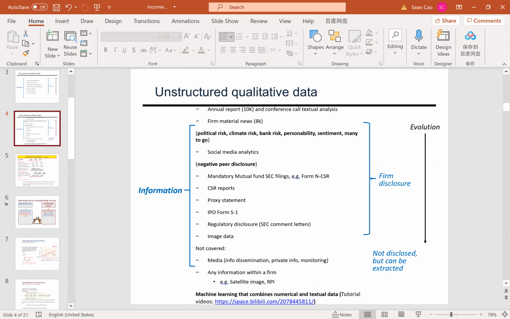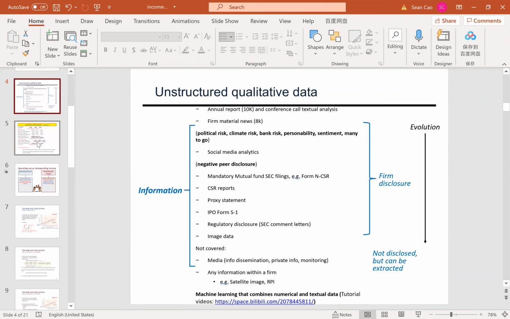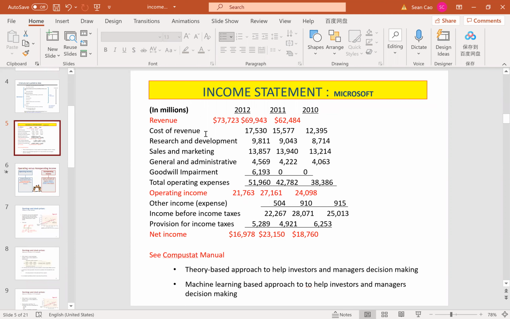So let me go over the income statement. This is a very simple example of an income statement. I will give you a more complicated example later. In the income statement, we start with revenue, and then cost of goods sold, which is the cost of the company. Then R&D is an expense, and sales and marketing is an expense as well. General and administrative is also an expense. Then goodwill impairment.